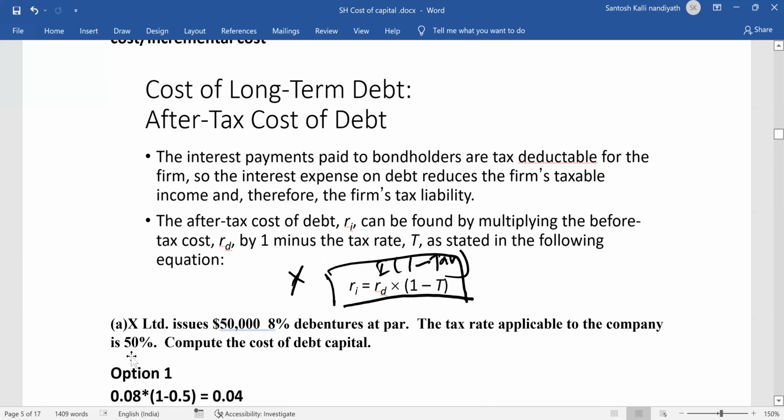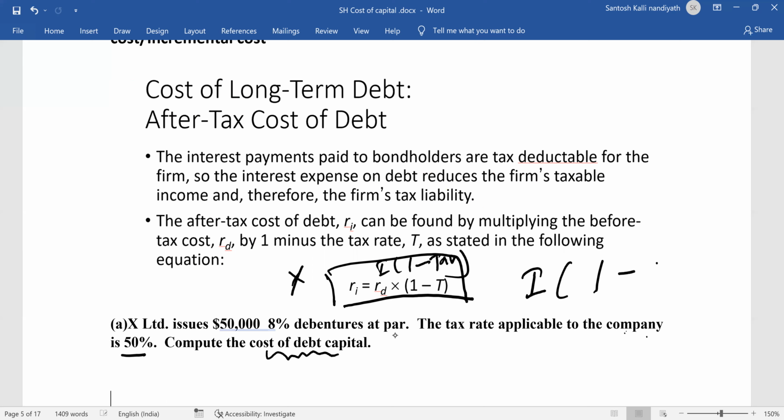Perfect. So X Limited issues an 8% debenture at par, and the tax rate applicable to the company is 50%. What is the cost of debt? Could you apply the formula? The formula is interest times 1 minus tax.